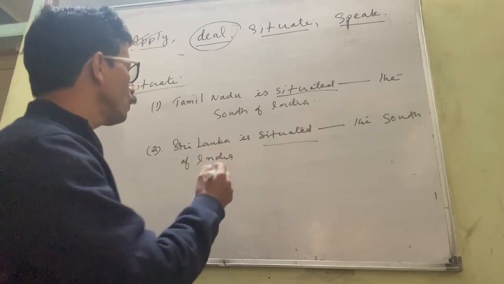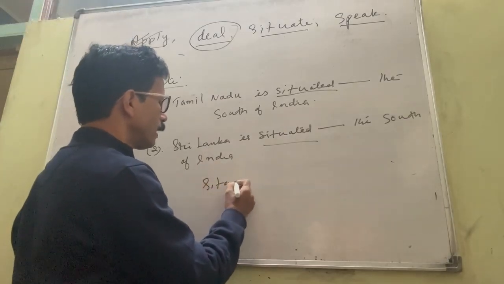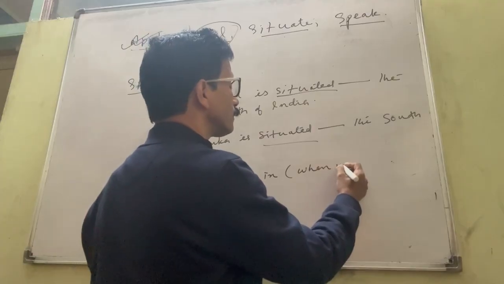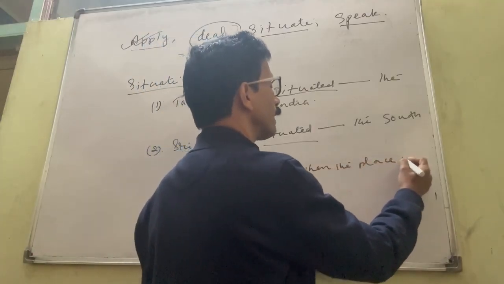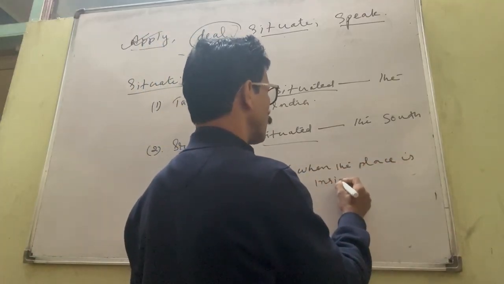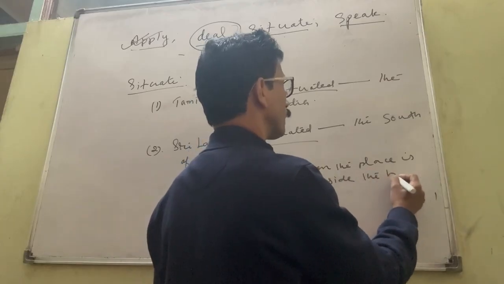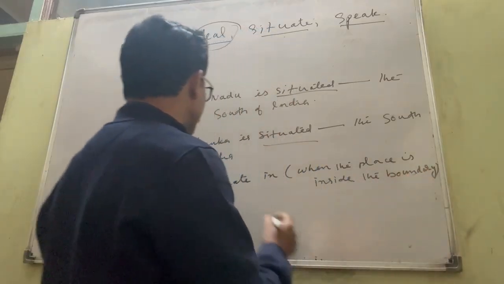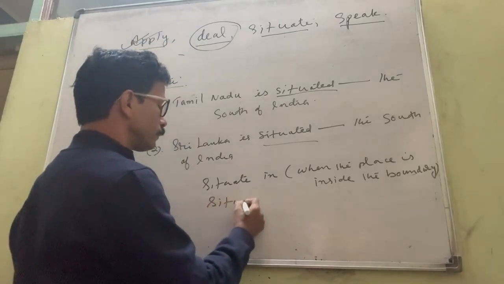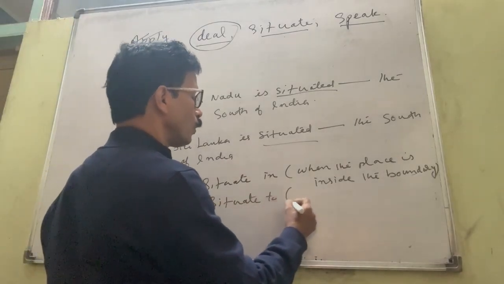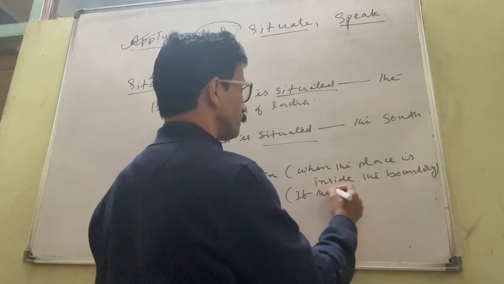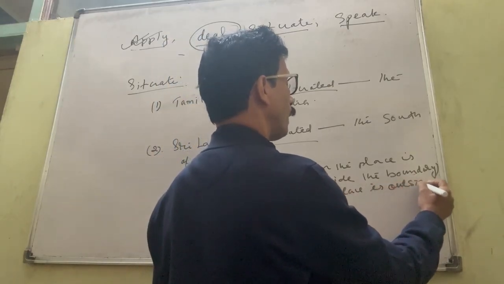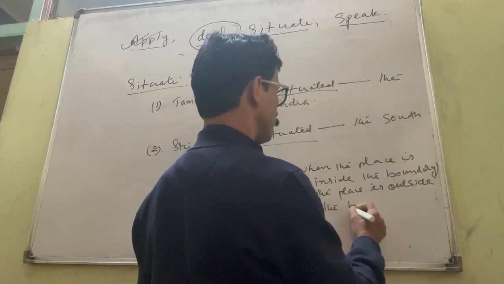So, you use situate in when the place is inside the boundary. Okay. And you use situate to if the place is outside the boundary.